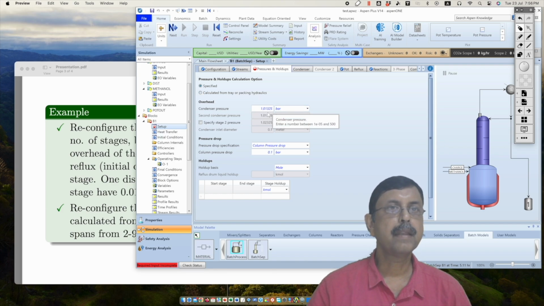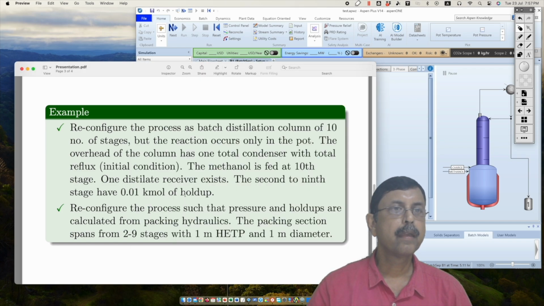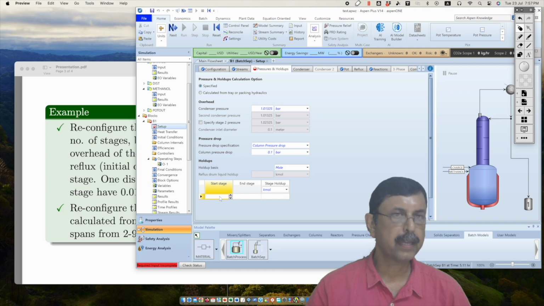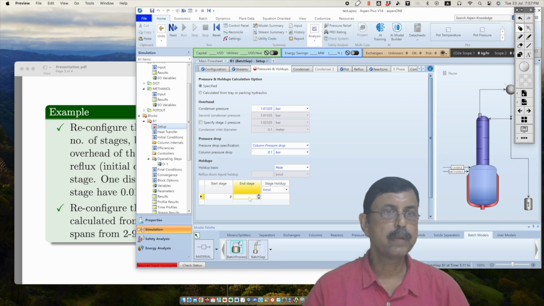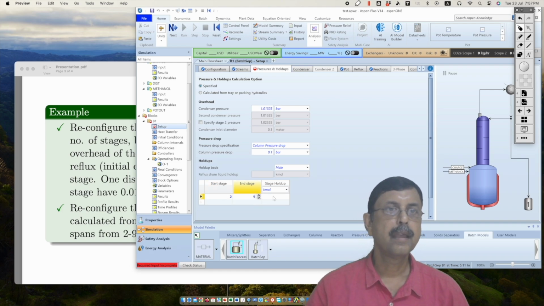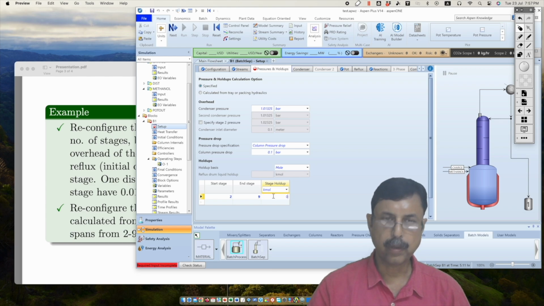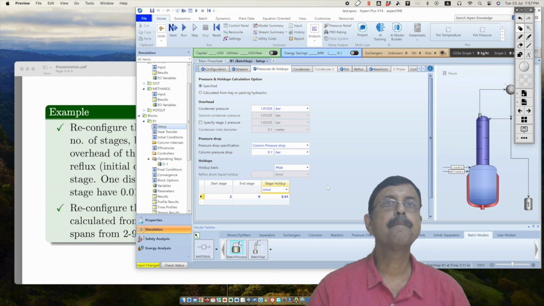Let us keep it as it is, and we will put the second to ninth stage. So it is 2 to 9, and we'll put 0.01. Okay, right.